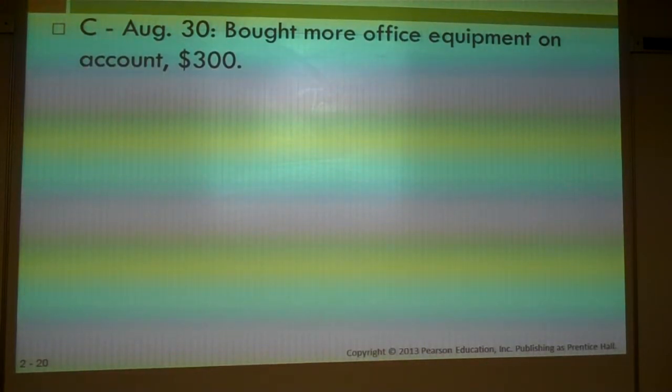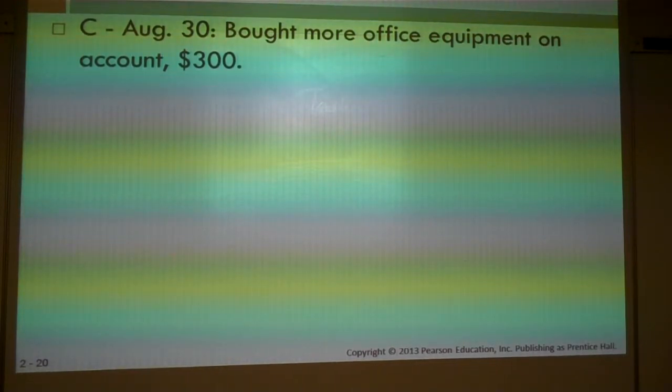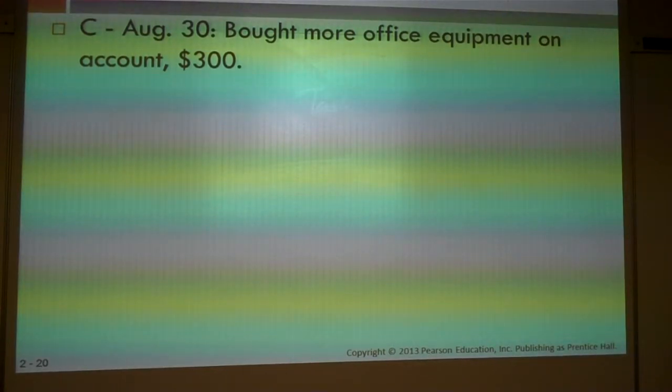An asset. Now, if we bought office equipment and it's an asset, was that a debit or a credit? What was that if we're increasing office equipment? Debit. Office equipment was the debit.